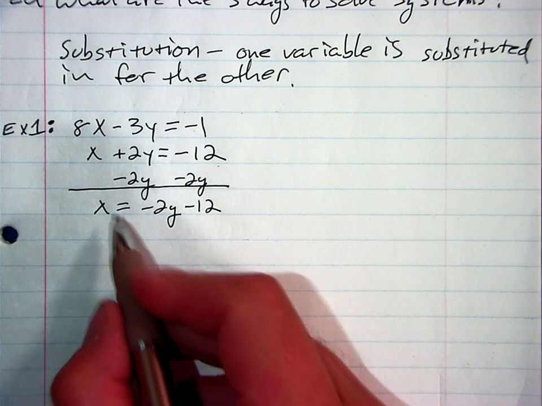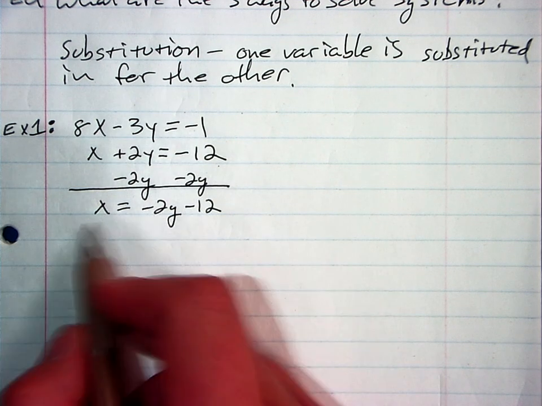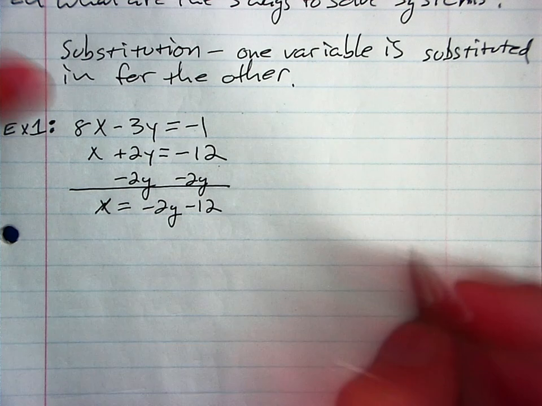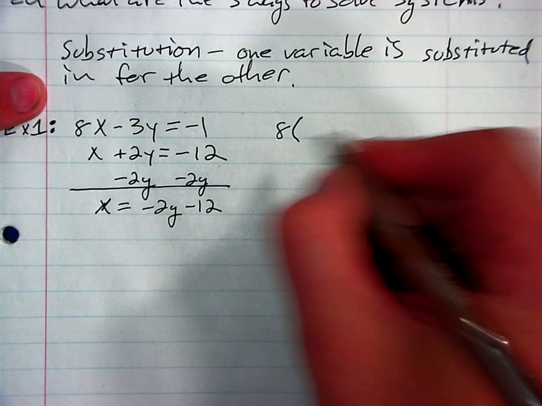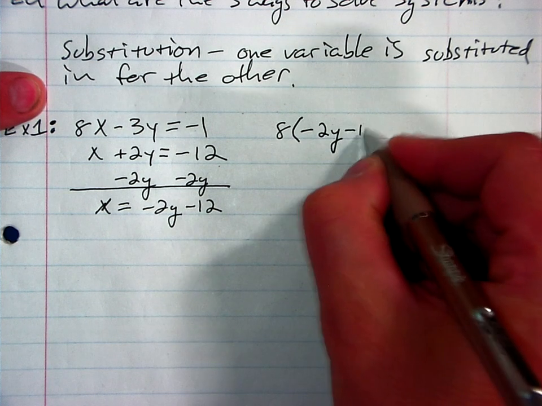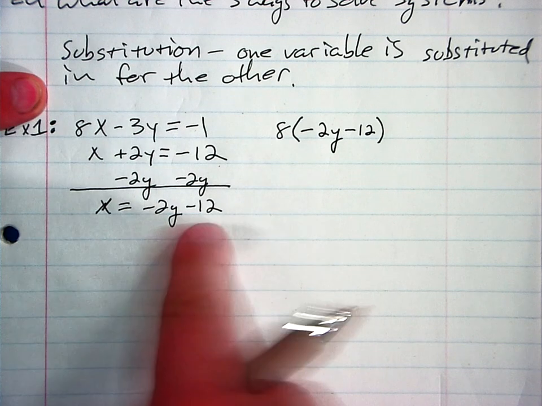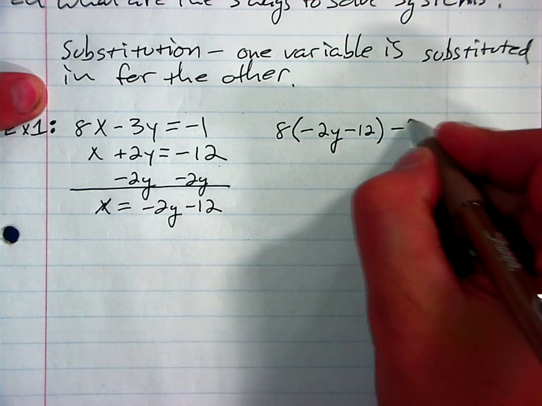Now that I have an x by itself, wherever I have an x in the first row, I can replace it with this. So we have 8 times x, where x is the value -2y minus 12. So I replace this x right here with this right here, and then we keep going.